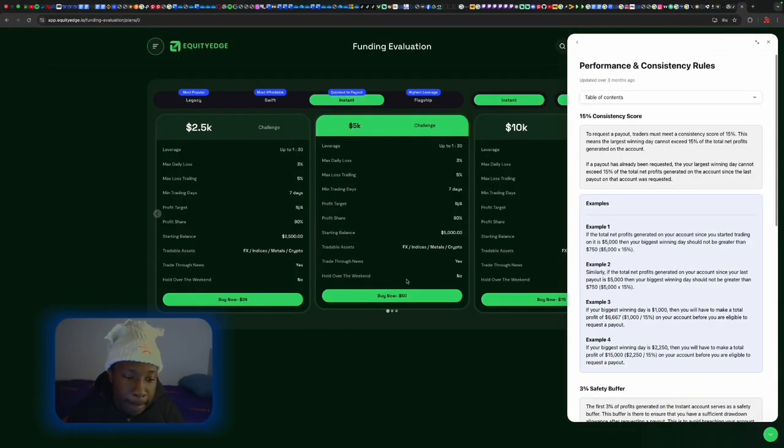They say, let's say I have a 5k account. I traded it today and made a profit of 500, and that profit is going to determine how much I am going to withdraw.